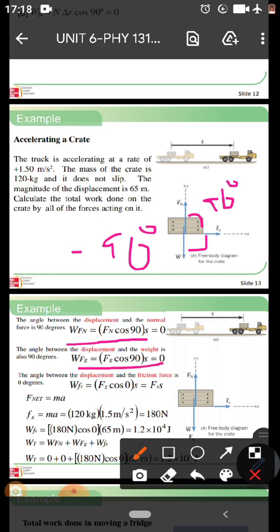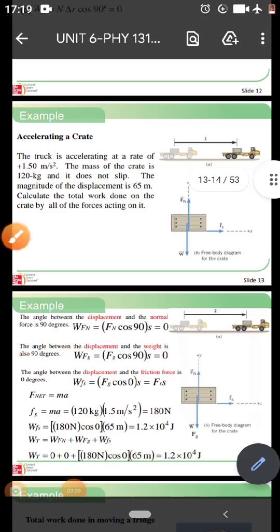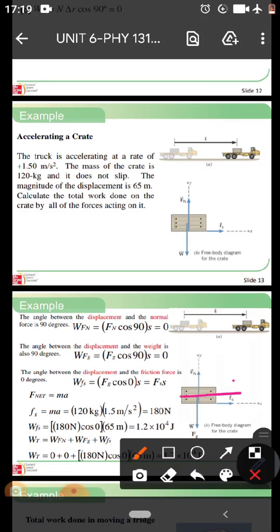And then the angle between the displacement and the friction force is this. The displacement is along this direction, and the frictional force is also along this direction.